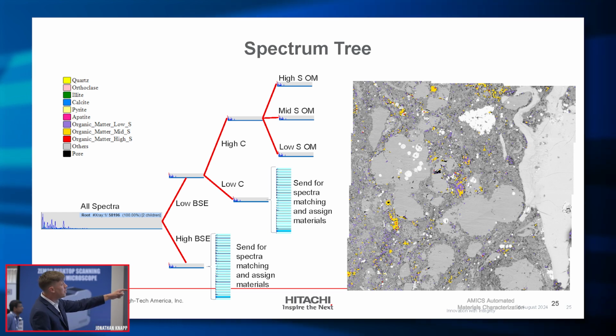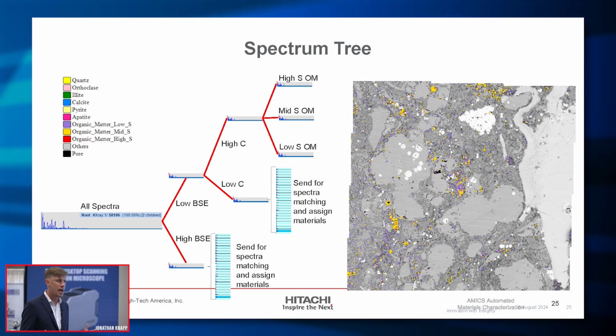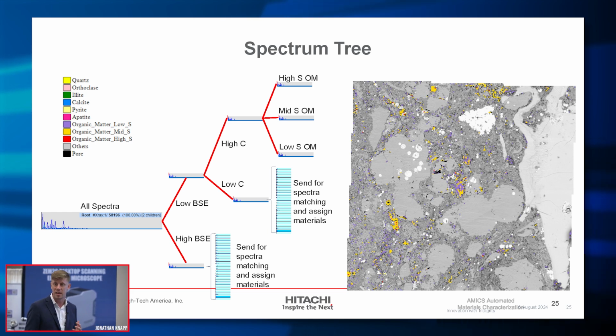And then finally we have the high carbon, and then we split it based on its sulfur content. So this is just one example. We have many different options. There's 7 different things you can split on, including just doing a principal component analysis. And so it can be a great way, if you're starting from scratch, to figure out what's in your samples.